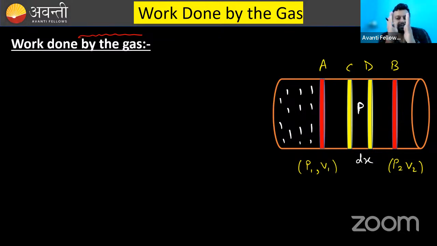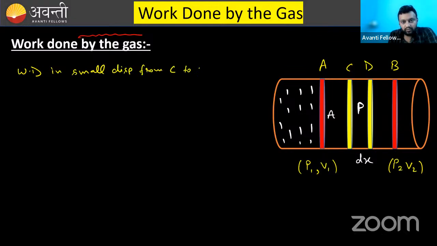So pressure remains constant, that is P. Clear? So first of all, I will calculate the work done in a small displacement. I am assuming that the area of this piston is A. So I will write: work done in small displacement from C to D.